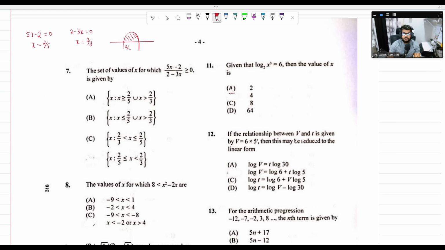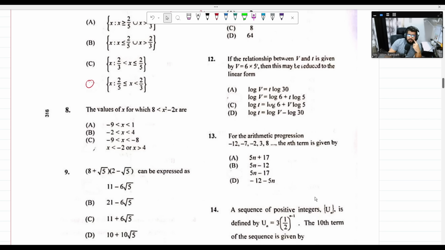So it's going to be one of these two here, where 2/5 comes first. We cannot include 2/3 as an answer, because when we have 2/3, this becomes 0. So it's going to be 2/5 less than or equal to x less than 2/3 is my answer. The answer is indeed D.